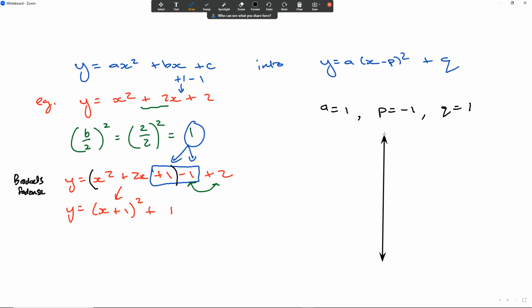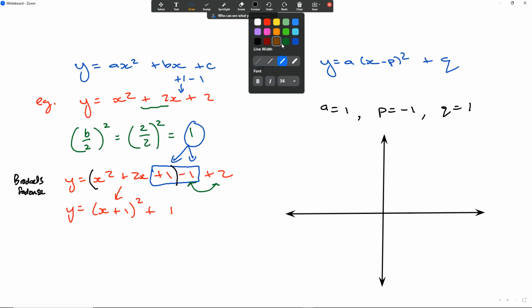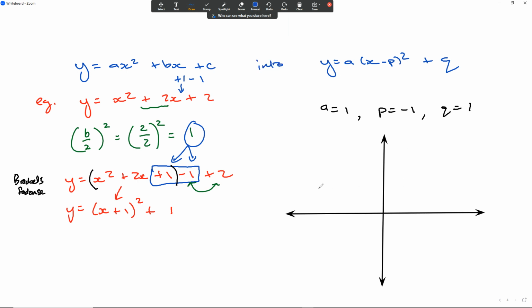So when I substitute this back into the equation, pay attention to the plus 1 because it became a minus 1. You notice the sign is different.